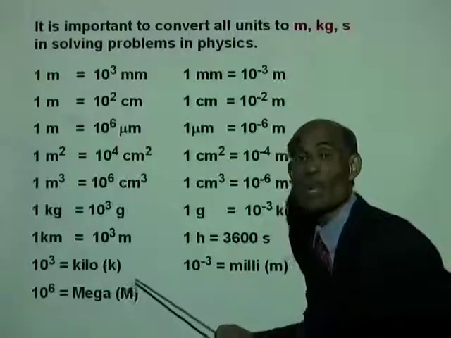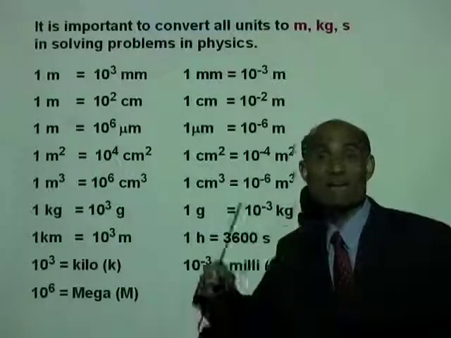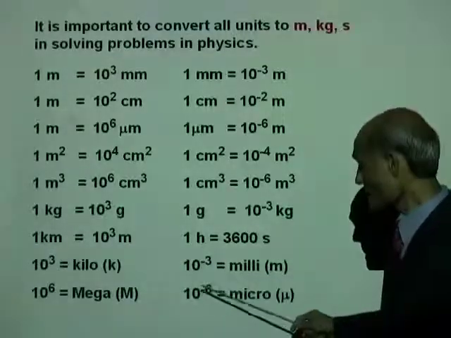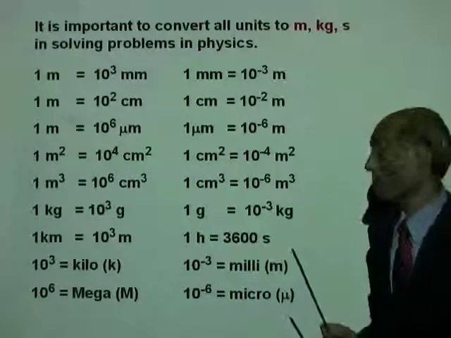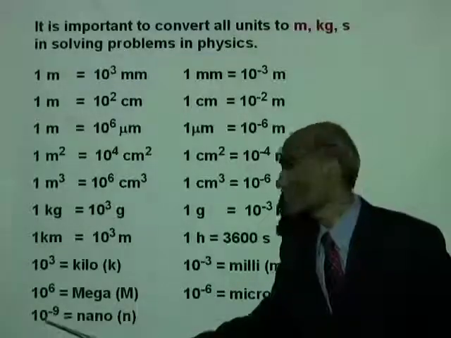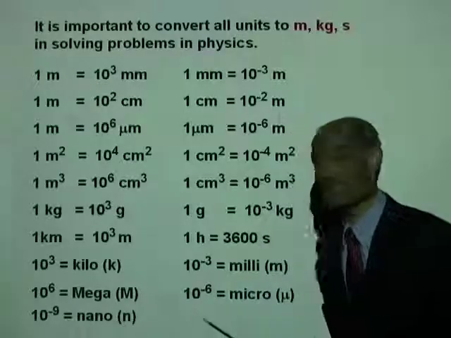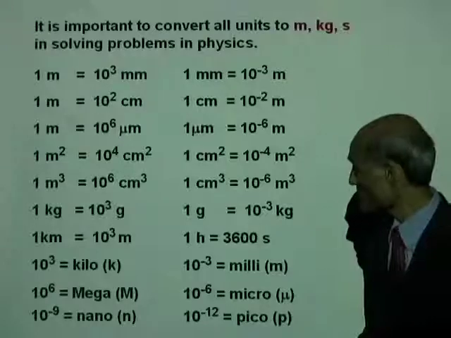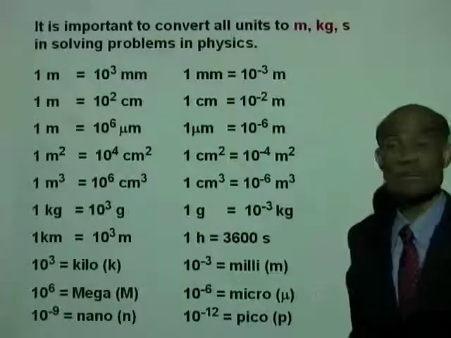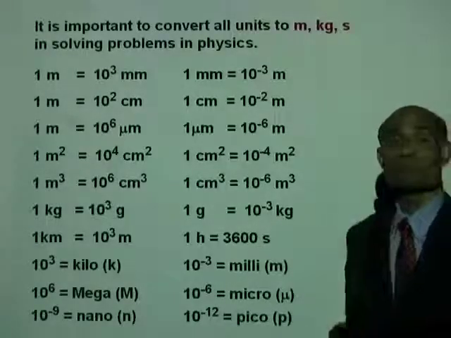Uppercase M, lowercase m, megameter. 10 to the power of -6 is called micro. 10 to the power of -9 is nano. And 10 to the power of negative 12 is pico, lowercase p.